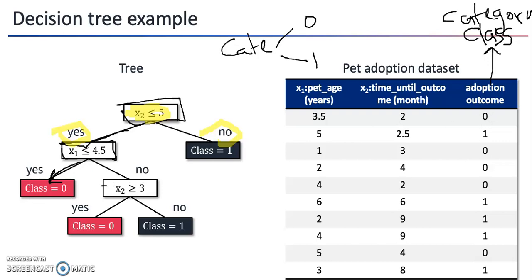If it is a no, then it is another condition based on the value stored in the second feature, the second column. That is another constraint about being equal to 3 or greater than 3. If that is a yes, then the categorical value takes the value of 0. If it is a no, then the categorical variable takes the value of 1.